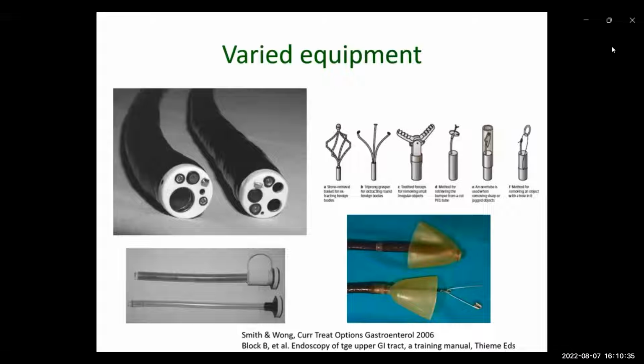Balloons can be used for removal of hollow foreign bodies. In addition, special equipment, overtubes, hoods, transparent distal caps must be available to protect the airways and the esophagus mucosa when removing sharp or pointed foreign bodies.